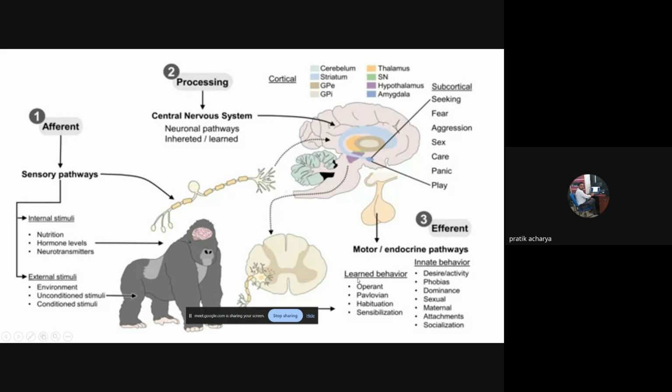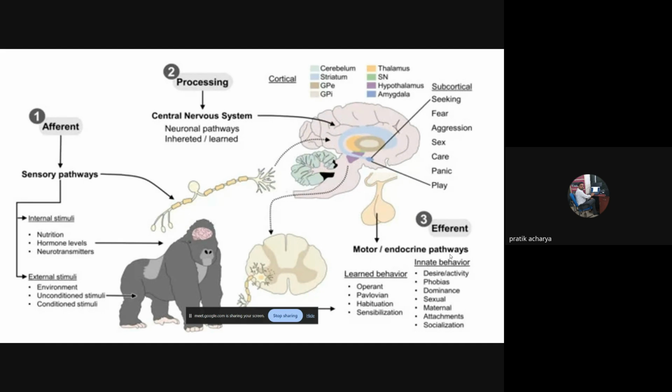So these are different kinds of behavior I have marked here, learned behavior as well as innate behavior. Every kind of behavior is maintained by our central nervous system. So the nervous system plays an important role in maintaining behavior.